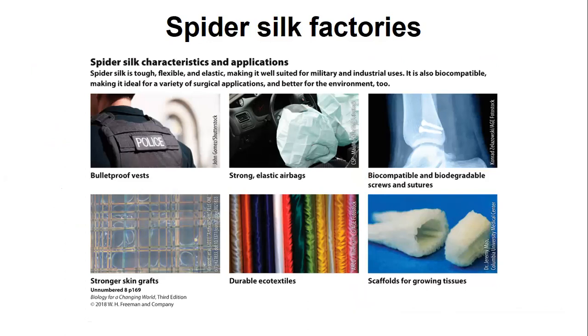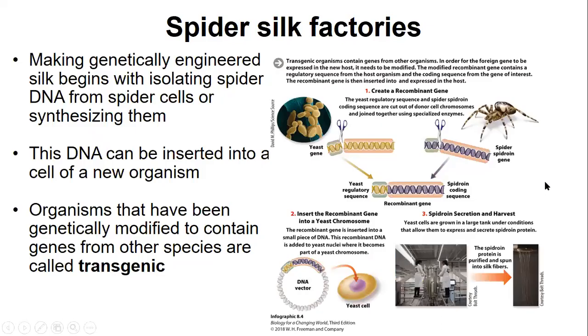Some of them are now using different materials that are not metal. And then in some cases, very lightweight spider silk to help prevent the bullet from passing through the vest and impacting vital organs. So here are some other examples of the applications of spider silk.